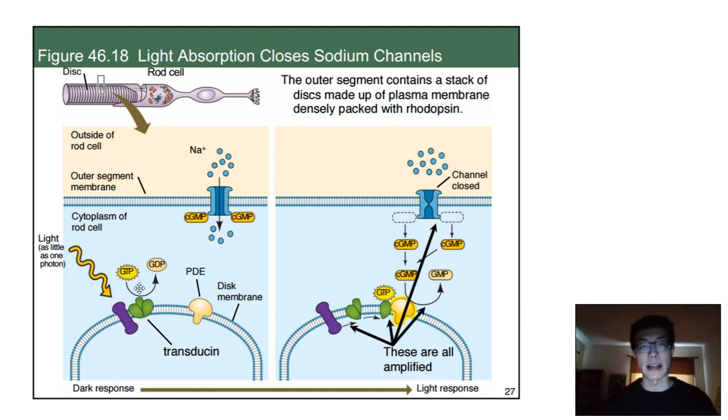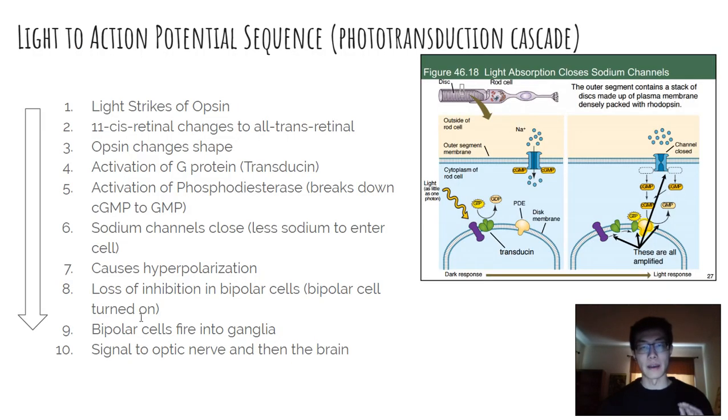That's going to cause an activation of a G protein called transducin, which is going to activate a phosphodiesterase, which is going to break down cyclic GMP to normal GMP. It's going to shut off these sodium channels, cause hyperpolarization, and then ultimately trigger the bipolar cells to fire action potentials into the ganglia, which eventually collect into the optic nerve and then are sent to the brain, and that's how we perceive, oh, we're seeing light.